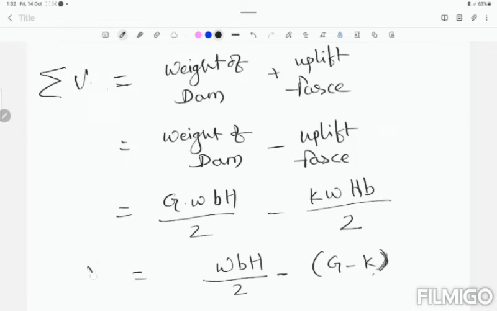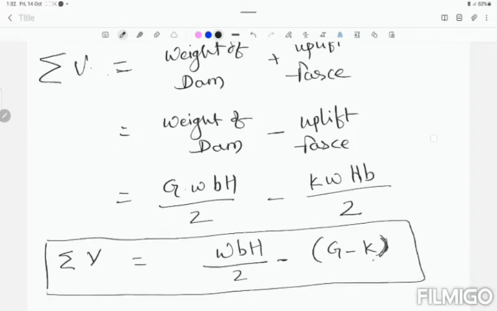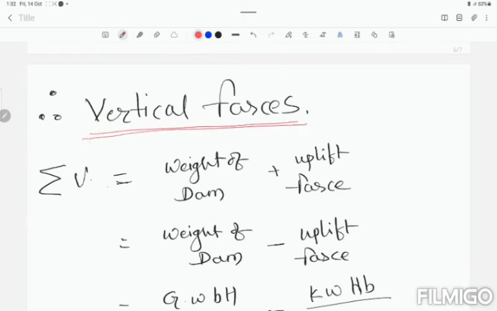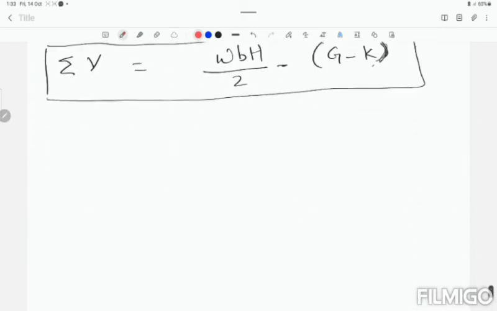So this is the net vertical force we will get. First of all we studied the net vertical forces which act along the body of the dam.